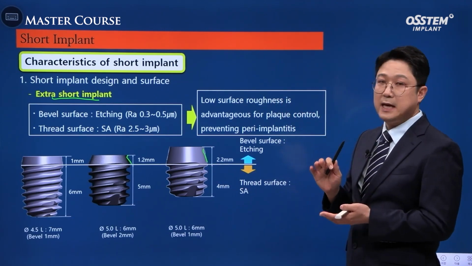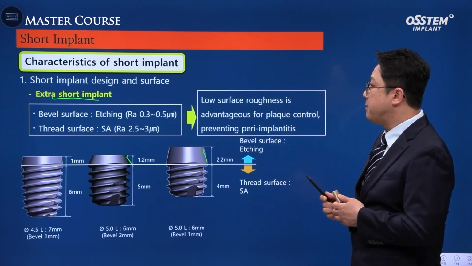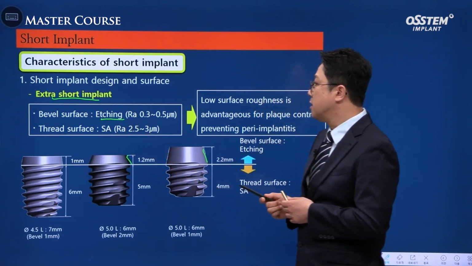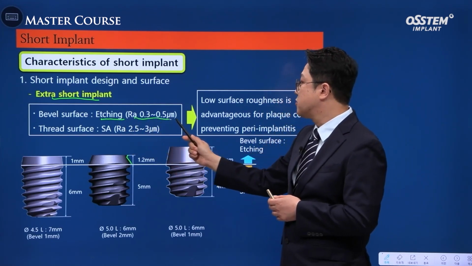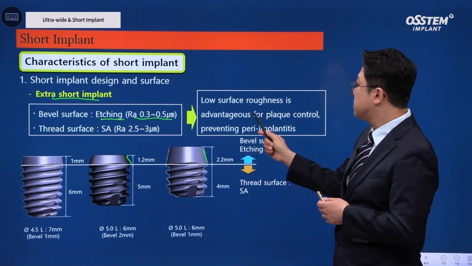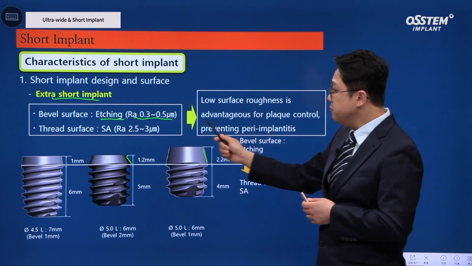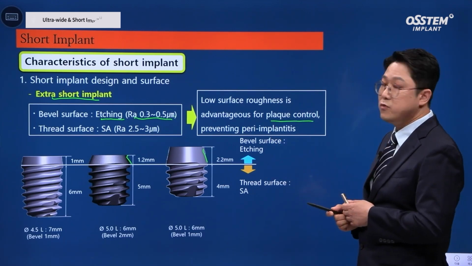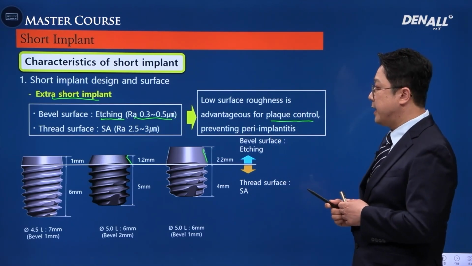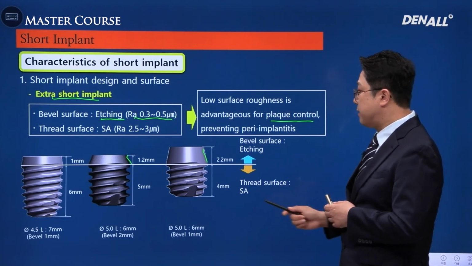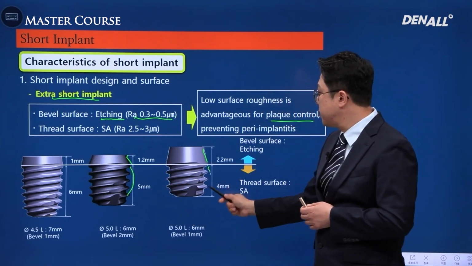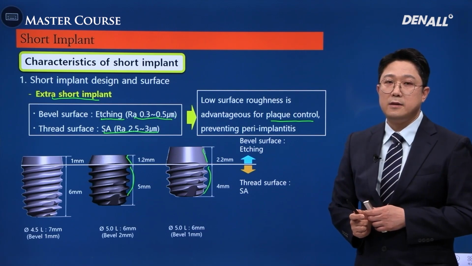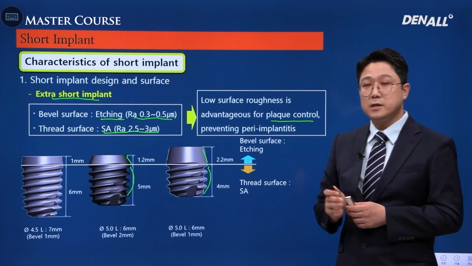The bevel surface may have a different surface treatment. The bevel area is etched and the surface roughness is reduced. Because it is in contact with soft tissue, in order to prevent plaque more easily, etching is done only. In the case of the thread that goes into the bone, it has an SA surface and higher surface roughness, like general implants.